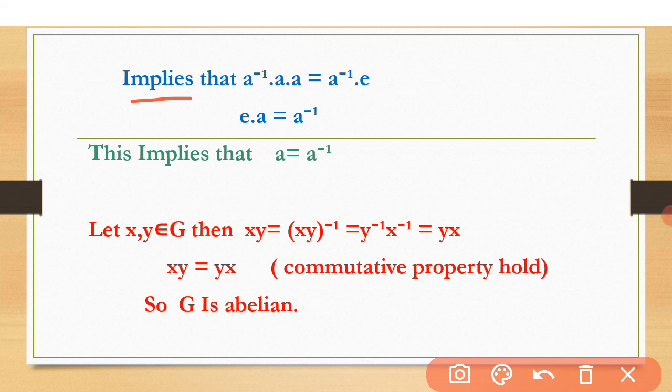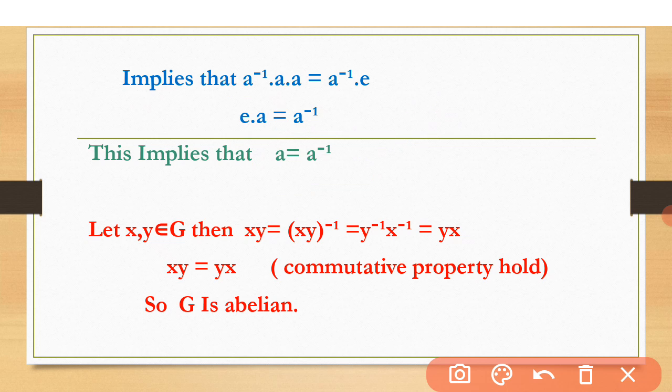This implies that when we multiply by A inverse on both sides, A inverse A, as we read in the previous theorem, is equal to the identity element, and A inverse into identity, or any element multiplied by identity, gives us that element. So A inverse, when the element multiplied by identity gives the same element, A is equal to A inverse.